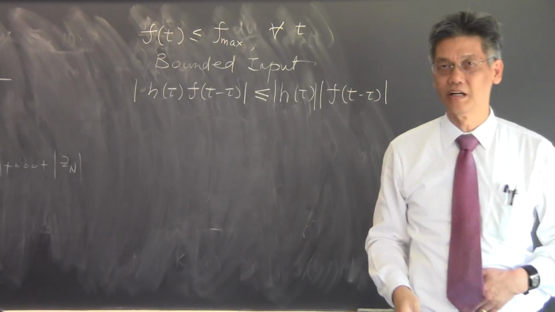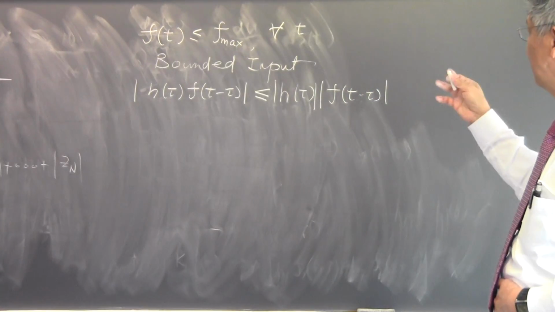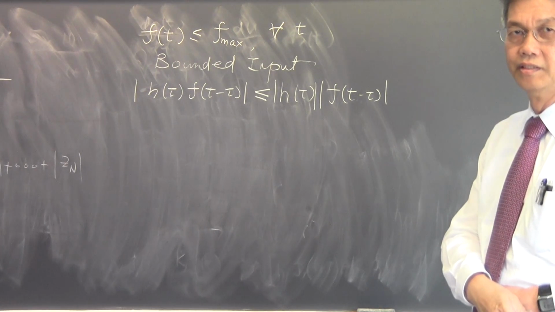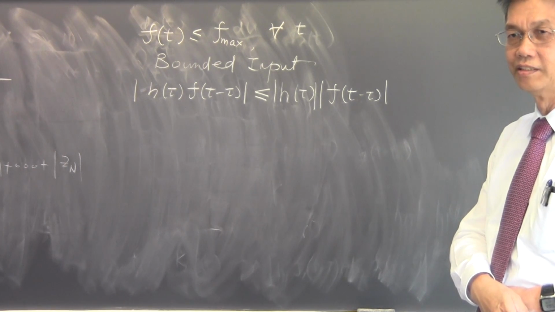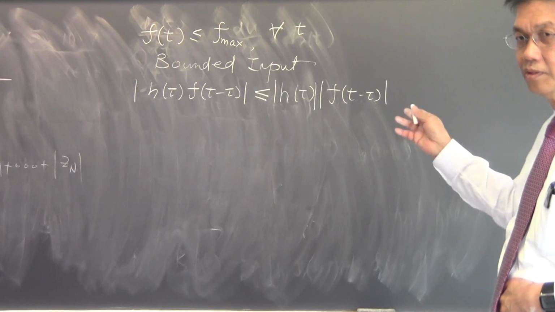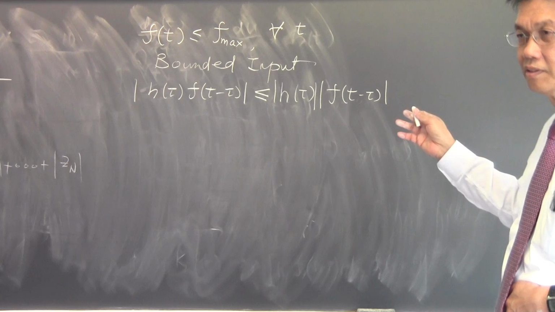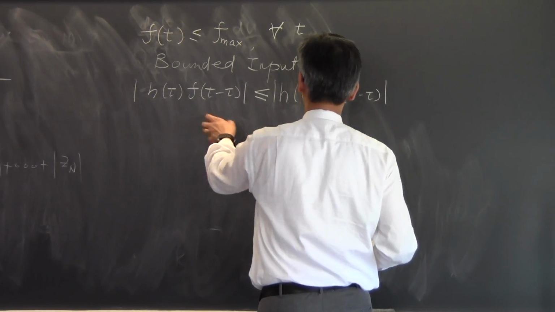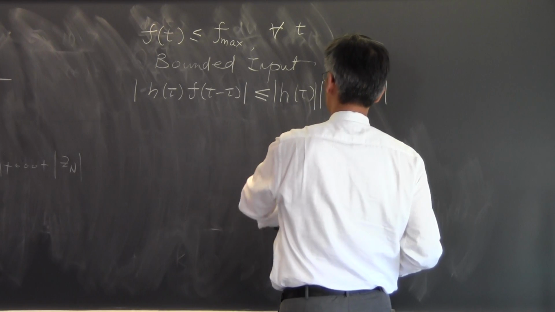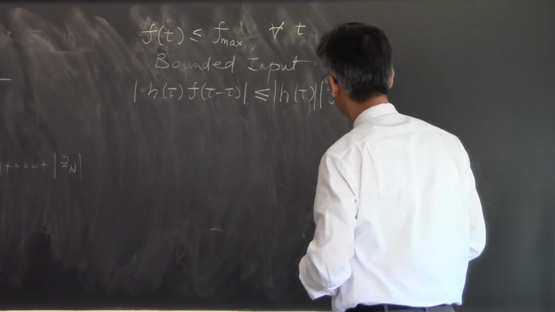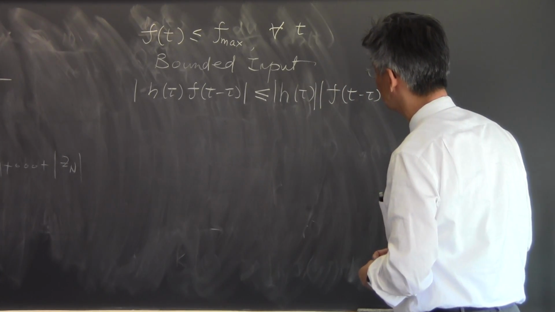For complex numbers, it's not obvious, but this inequality also holds for complex numbers. I think it's called the Schwarz inequality in this case. You want me to prove it, or is it obvious? Take any two complex numbers and multiply them together. The magnitude of the product is always less than or equal to the product of their magnitudes.